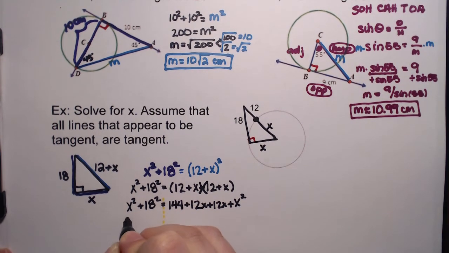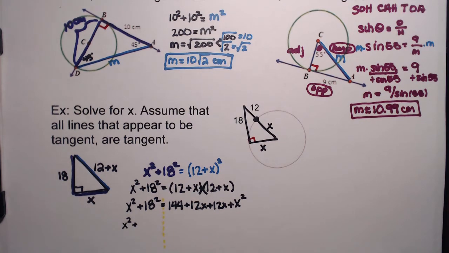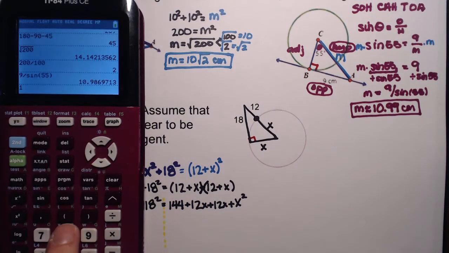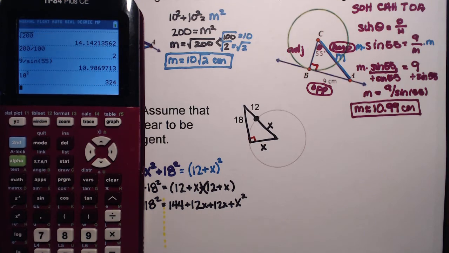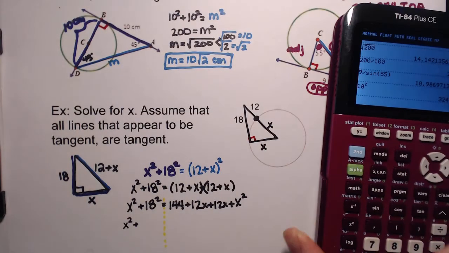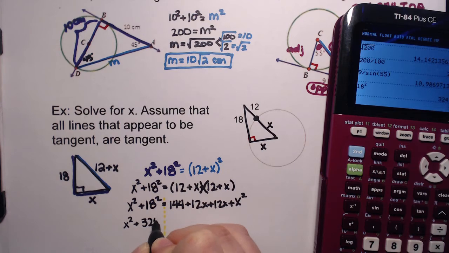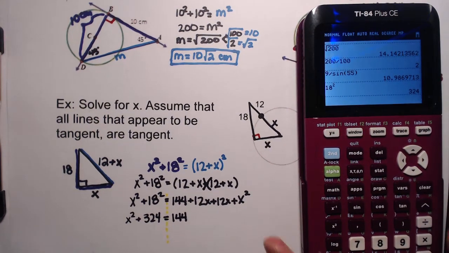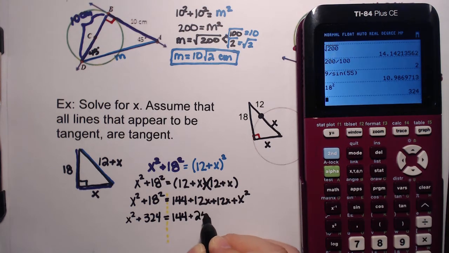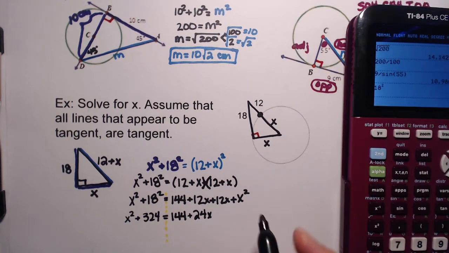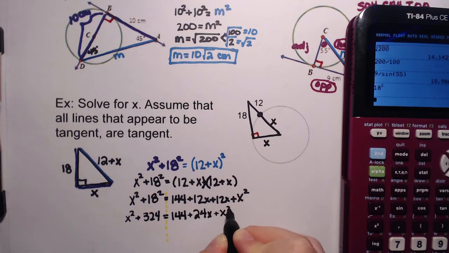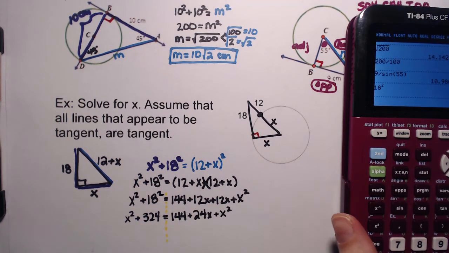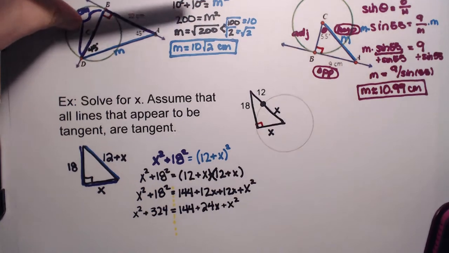So I'm going to take this x squared plus, and then what is 18 squared? 324. And then I have a number and no other numbers. Here I have 12x and 12x. So what is 12 plus 12? 24x. And then I have that x squared piece. Now I have things kind of cleaned up a little bit.